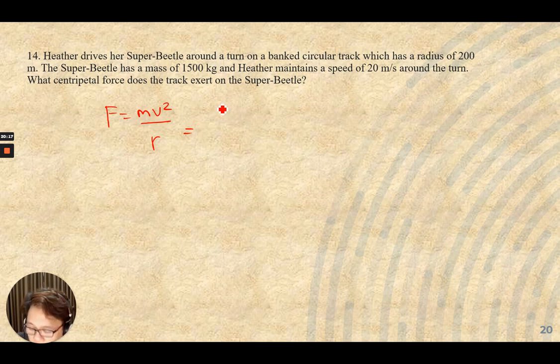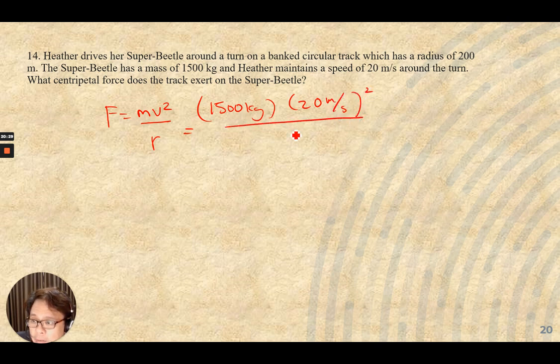So the mass of the beetle is 1,500 kilograms. The velocity given is 20 meters per second. We have to square this. And then the radius is 200 meters.